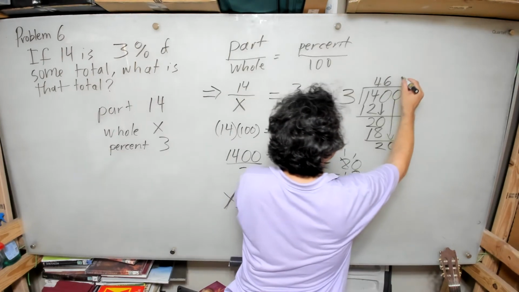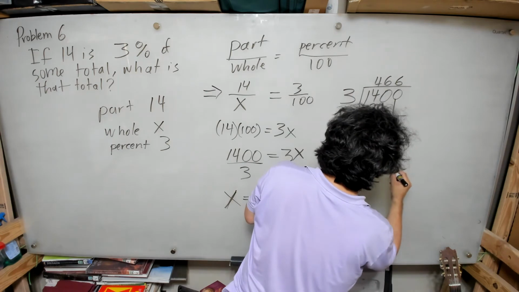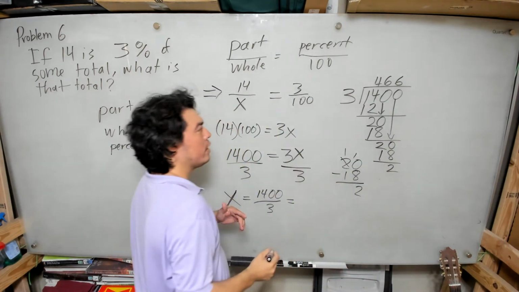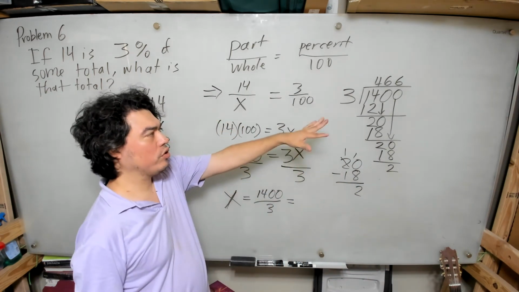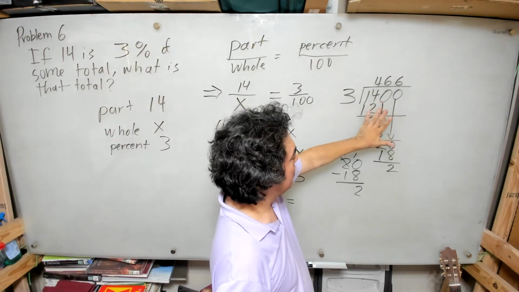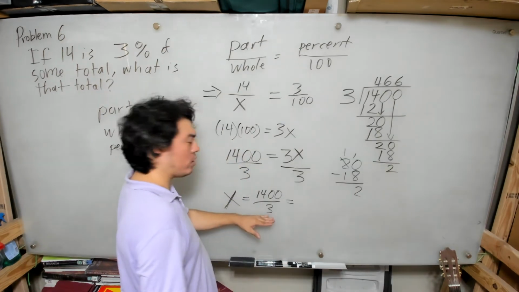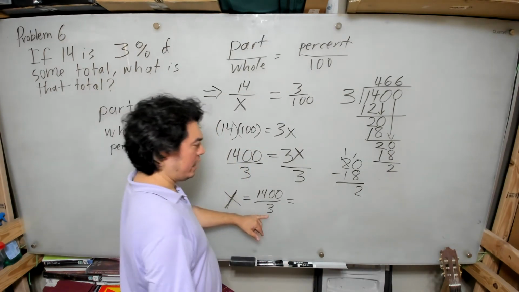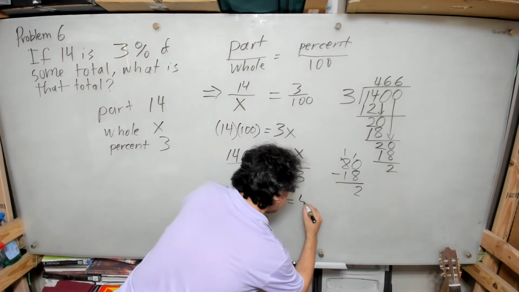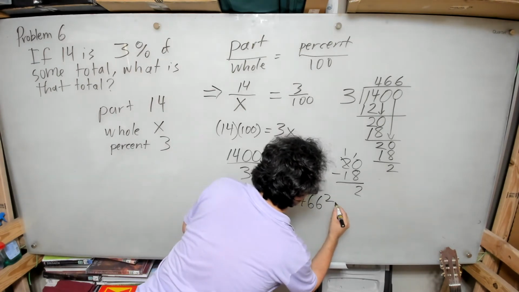So I put a 6 here. 6 times 3 is 18. And I can subtract and I get 2. Now there's no more numbers to drop. So I can already take this division as it stands to represent that 1400 over 3 is the number 466 and 2/3.